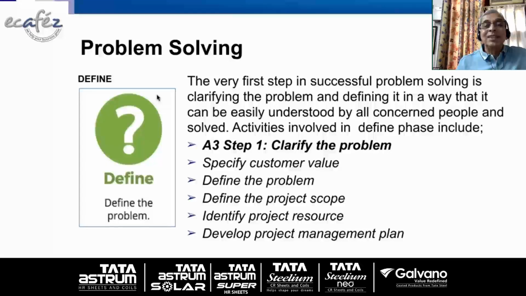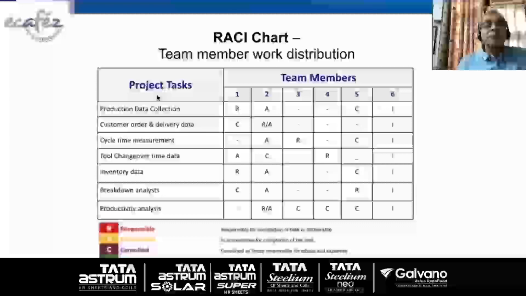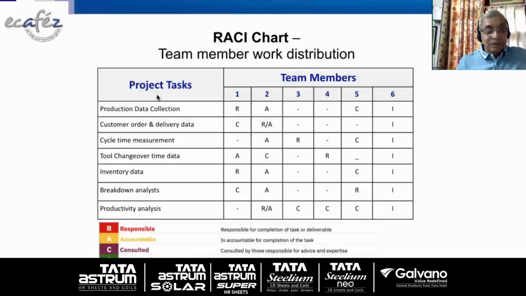How can it be done? These are the steps: first clarify the problem, specify customer value, define the problem, define the project scope, identify project resources, and develop a project management plan. This is more about bringing clarity and planning so that it can be done very fast. Then, how to divide the responsibility so that there is no confusion among the team members? This is equally important.